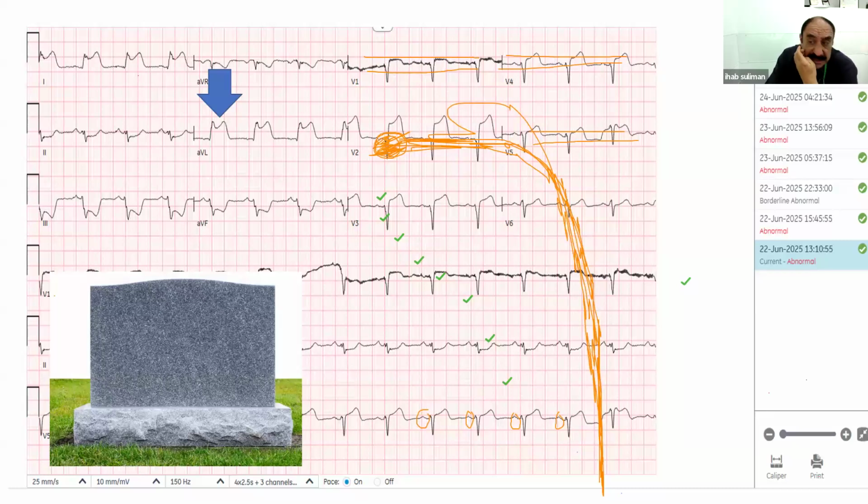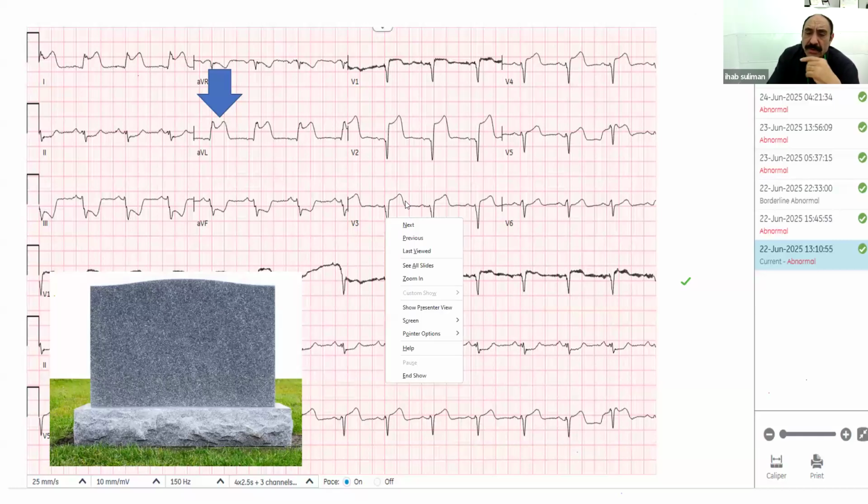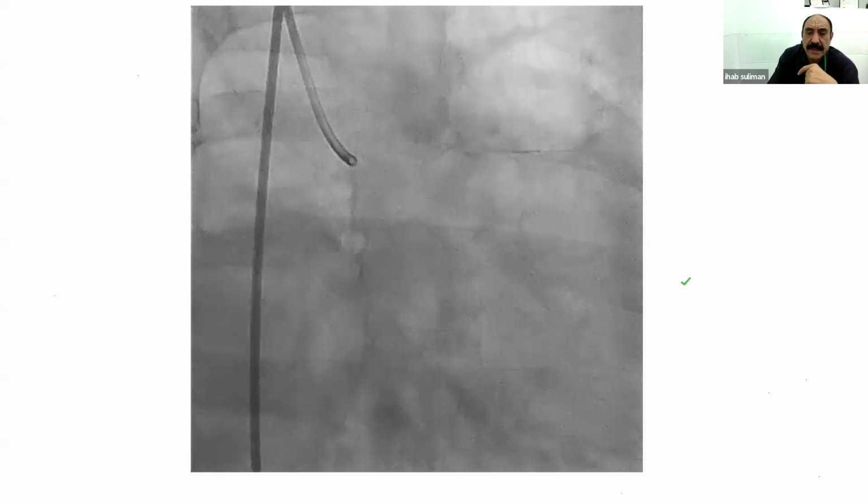Because they are young, there are not enough collaterals, and they present with a really bad MI. I hope this patient can survive 10 or 15 years after such a big anterior MI, all related to smoking. So I advise strongly against smoking, and against any alternative to smoking, like vape or nicotine, whatever you call it.